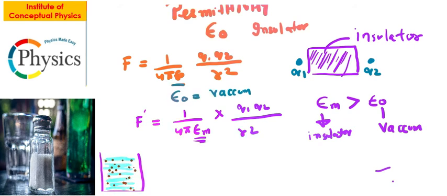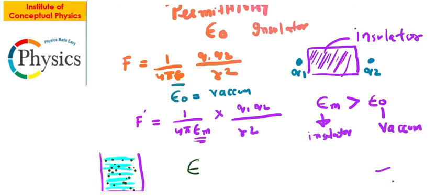As soon as the salt enters the water, now water's permittivity, epsilon, is 80 times the permittivity of vacuum. And therefore, the electrostatic force between the sodium ions and chloride ions reduces drastically.